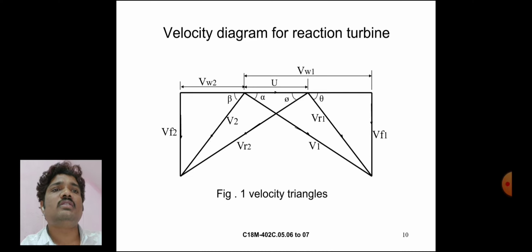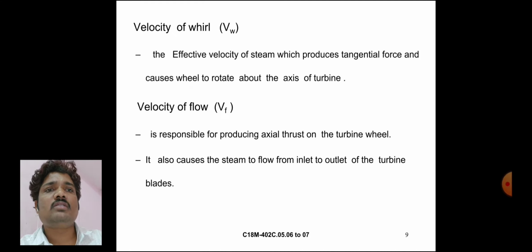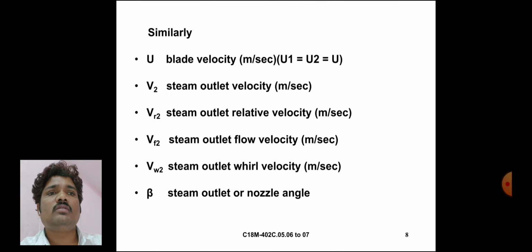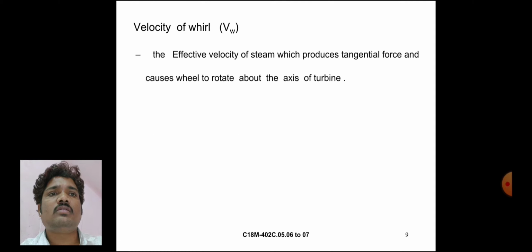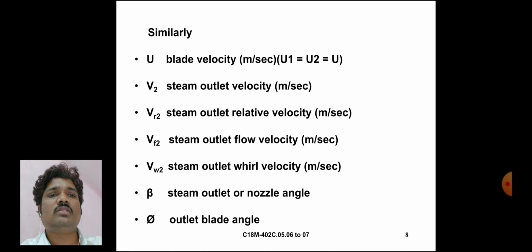VW1 is the steam inlet velocity of whirl, VW2 is the steam outlet velocity of whirl, and u is the blade velocity. Beta is the steam outlet angle, and alpha is the steam inlet angle. Beta is the steam outlet nozzle angle, and these are the inlet and outlet blade angles.